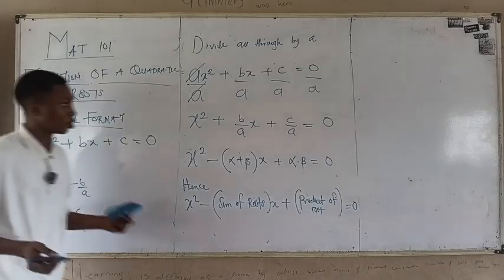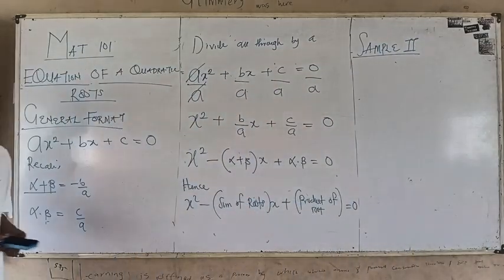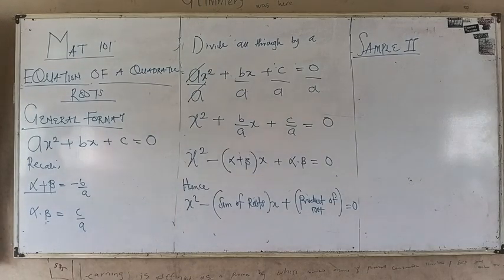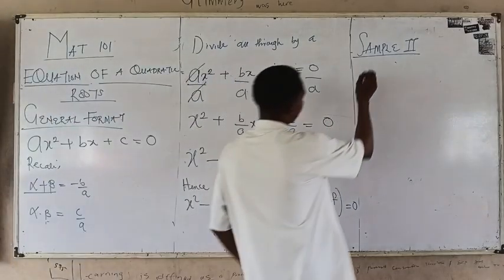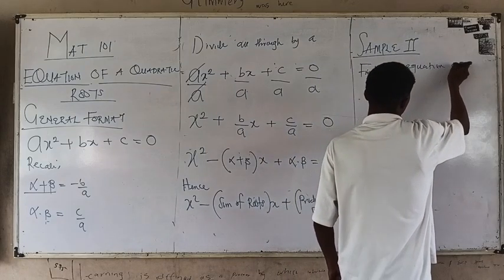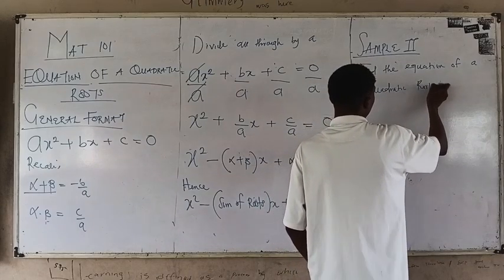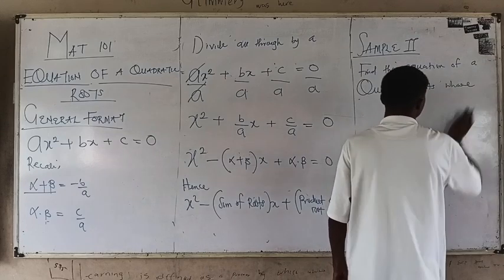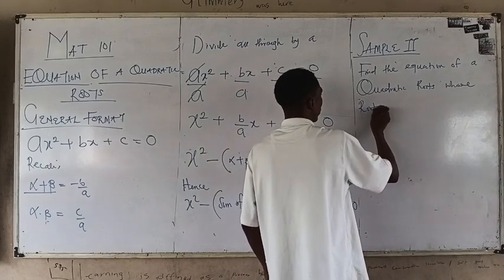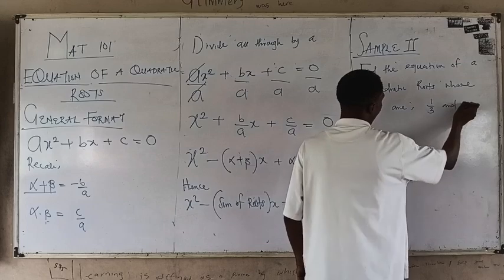So let's solve a question. Sample 2. Find the equation of a quadratic root whose roots are 1 over 3 and minus 1 over 2.